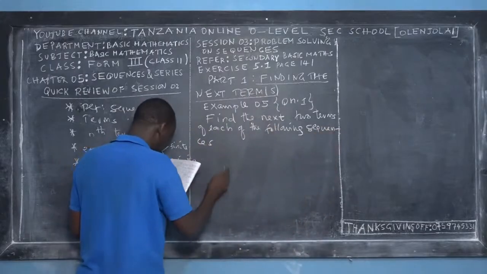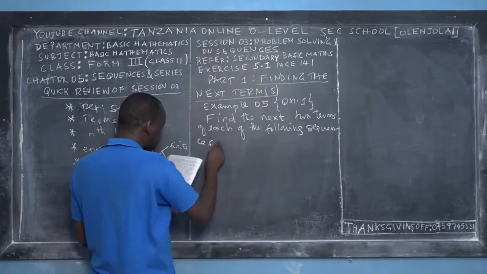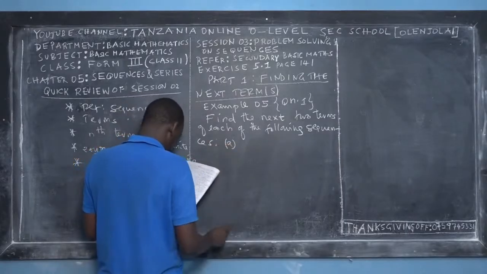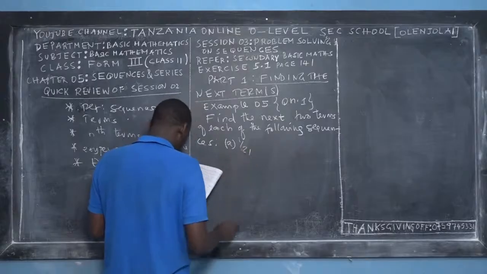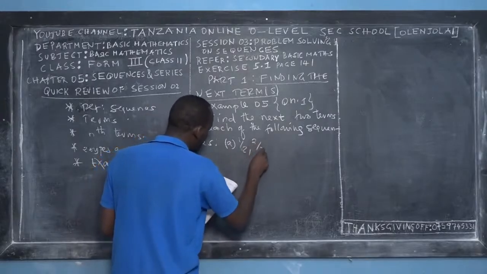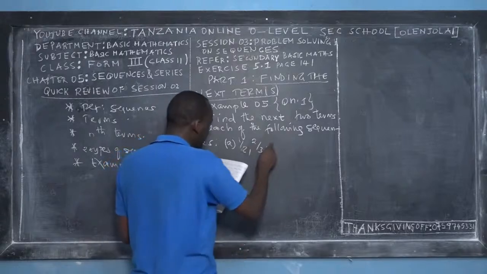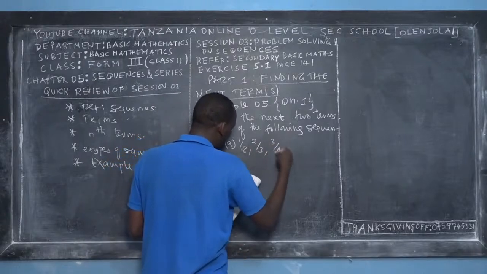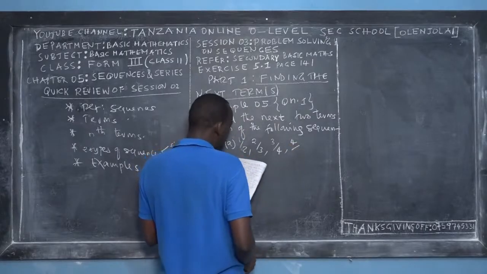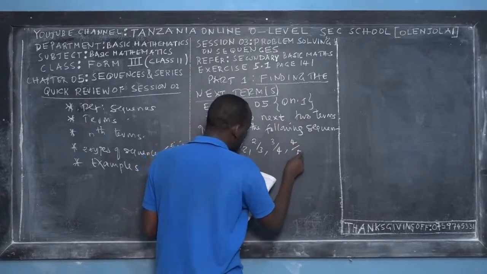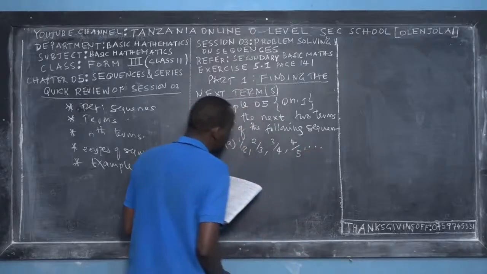Sequences. Part A, you are given start 1/2. Remember that sequences are separated by commas. When I teach you the second concept, series, you will see that series are separated by a basic operation, whether addition, multiplication, subtraction, or division.